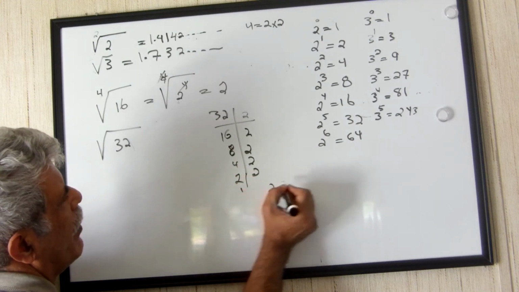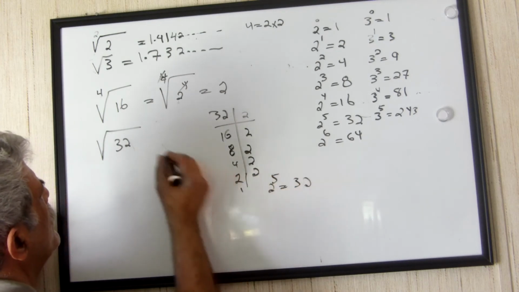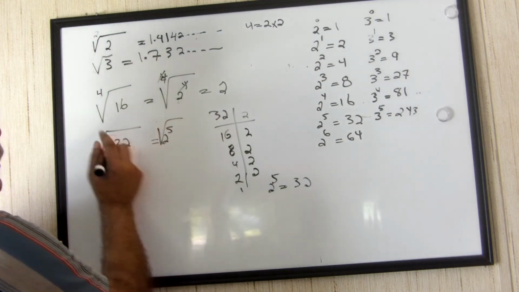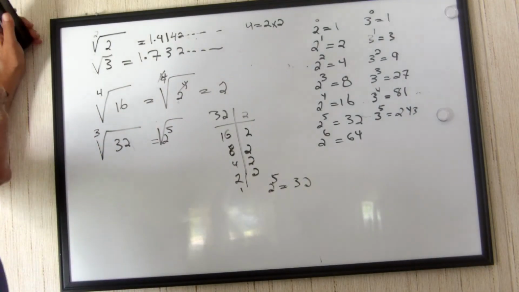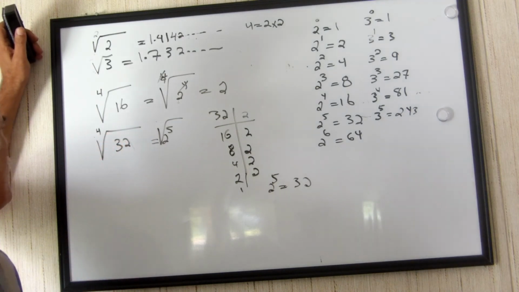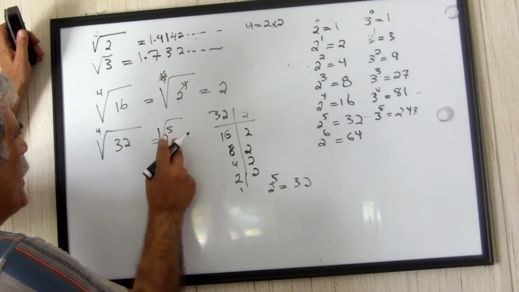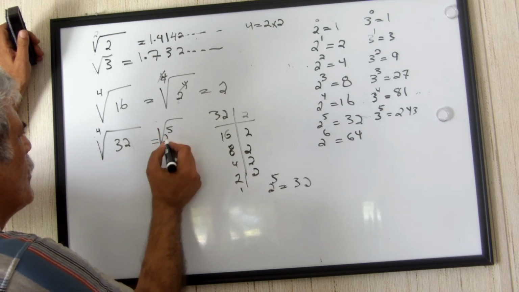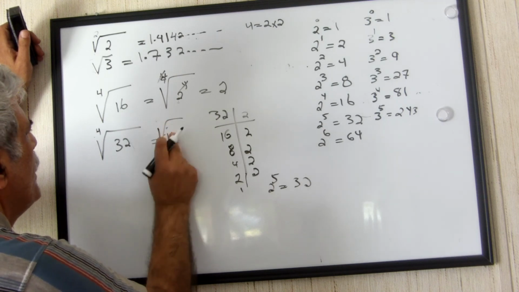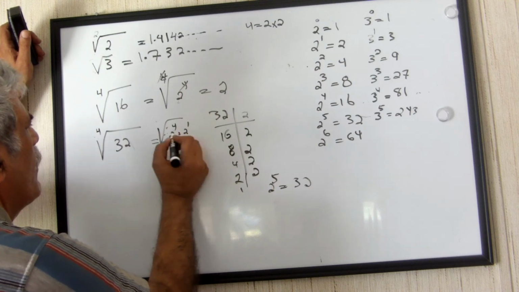Actually, 2 to the power of 5 is equal to 32. If you have this one, the index is 4, the fourth root of 32. We can write 16 as 2 to the power of 4 times 2 to the power of 1.